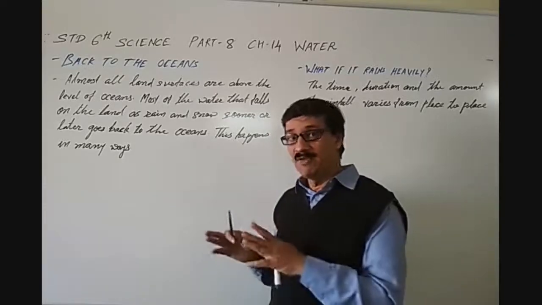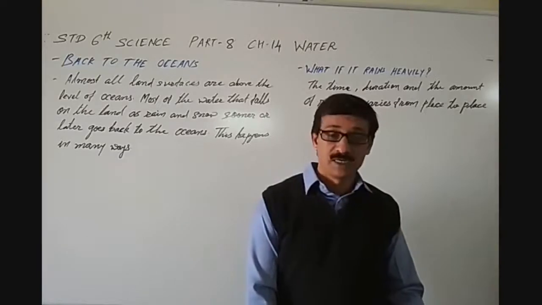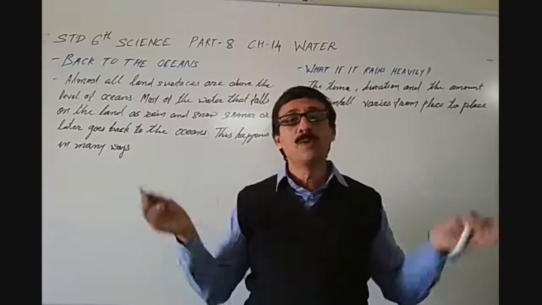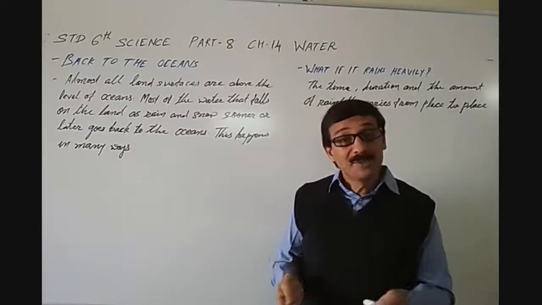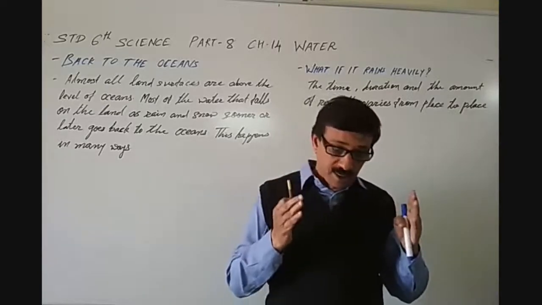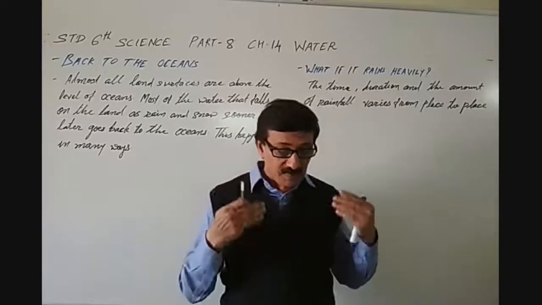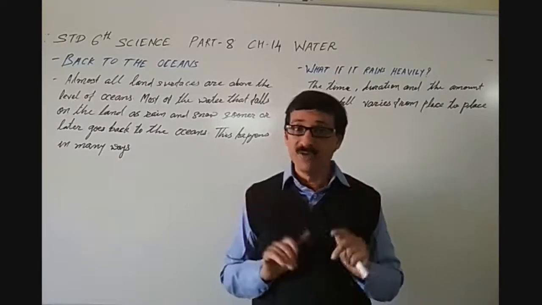In the last part we discussed that. Then after, we discuss going back to the ocean. As the rain falls on the earth, there is too much water on the earth, isn't it? Now what happens to that water? That water comes to us in the form of rain, sometimes in the form of hail, and sometimes in the form of snow, that we know.